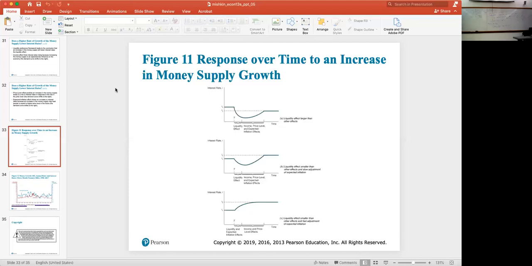So when central banks have market confidence that they are committed to keeping inflation low, then they can really rely on the liquidity effect. In other words, when you increase the money supply, you can cut interest rates.